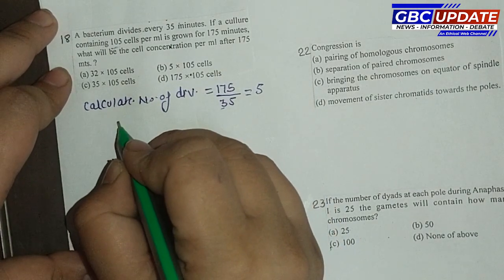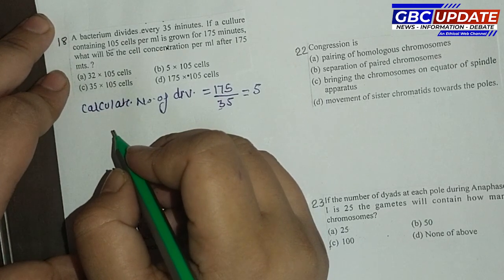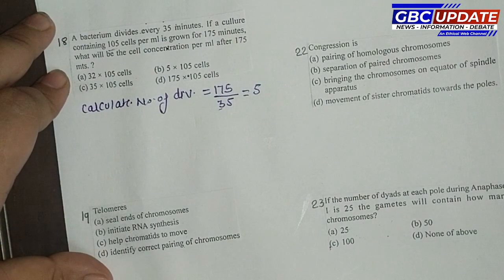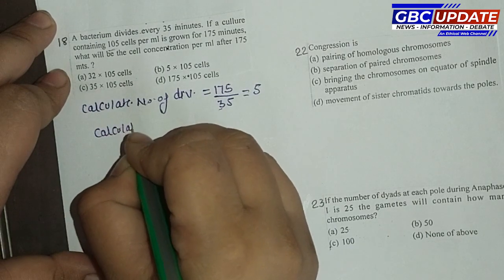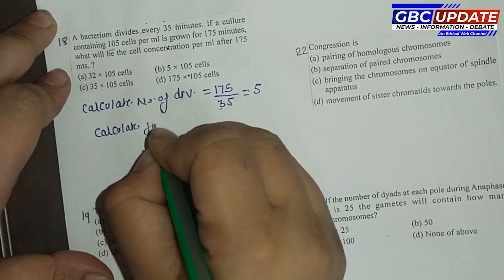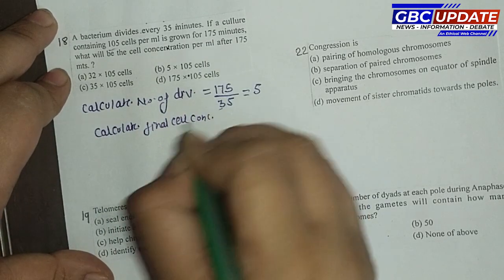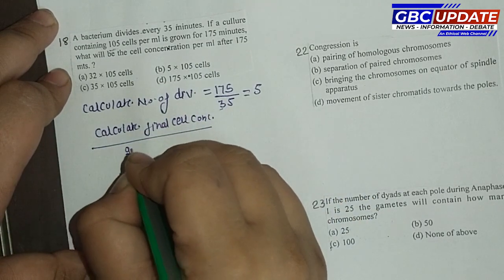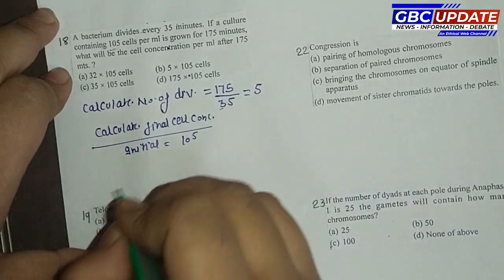Time for growth is given as 175 and doubling time is given as 35 minutes. So now we are going to calculate the final cell concentration. Initial was given as 10 raised to power 5.